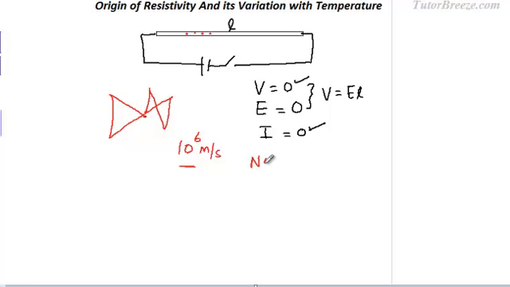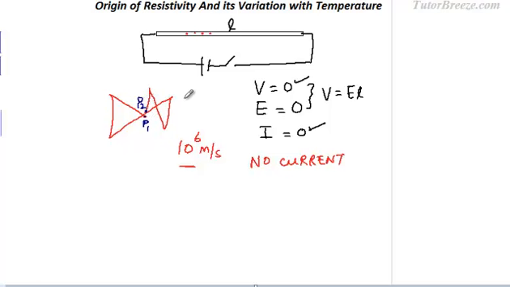So why is there no current in spite of the fact that the electrons are all moving at such high velocities? That is because this motion is completely random. Suppose this electron started from this position, say this is P1, and after some time it is at P2.